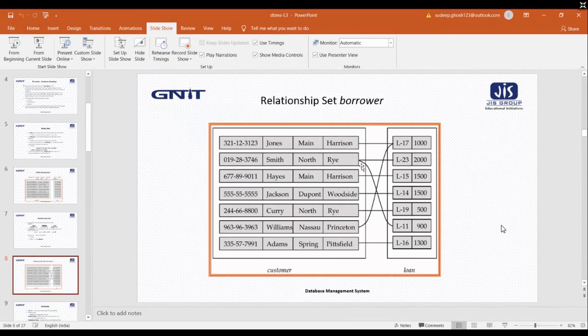Then the particular loan account L17 is maybe a joint account of Jones and Williams. And similarly Curry is associated with the loan account L19. So these are the single relationships, and the set of all relationships constitutes the relationship type.